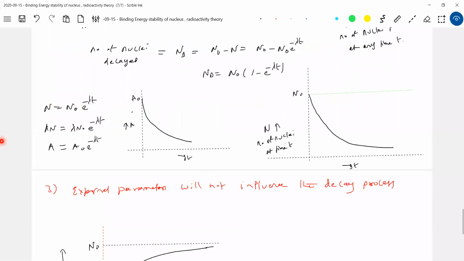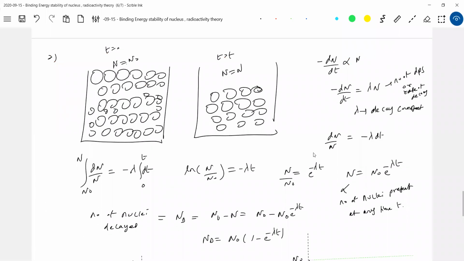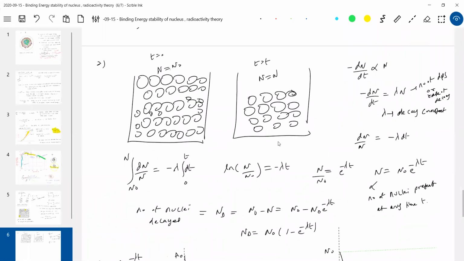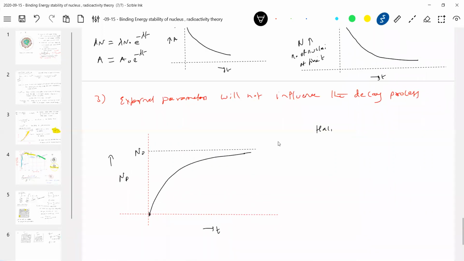Some quantities are needed. How do we get that lambda, how do you measure it? What I do is take the time taken for the number to become half of the initial value. I'll call that the half-life. As we know, the formula is N equals N naught e to the power of minus lambda t. At t equals 0, it was N naught.